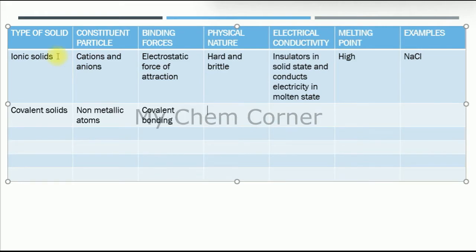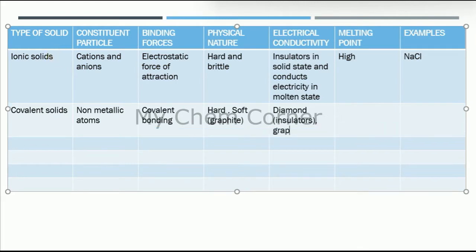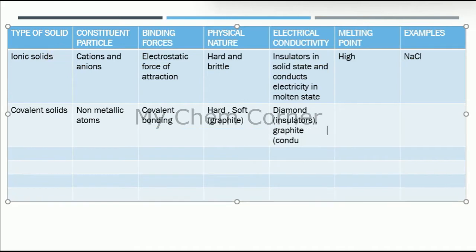Physical nature here was hard, and soft in case of graphite, which is an exception. The electrical conductivity here: compounds like diamond are insulators, but graphite, as an exception, is a conductor.